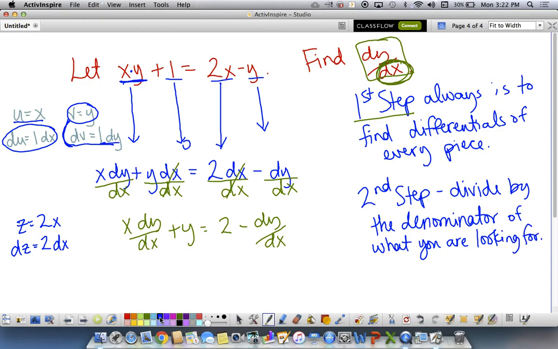So we've divided by dx, our second step. Then you're going to simplify. Third, simplify. We've already done that step. Scrolling down.